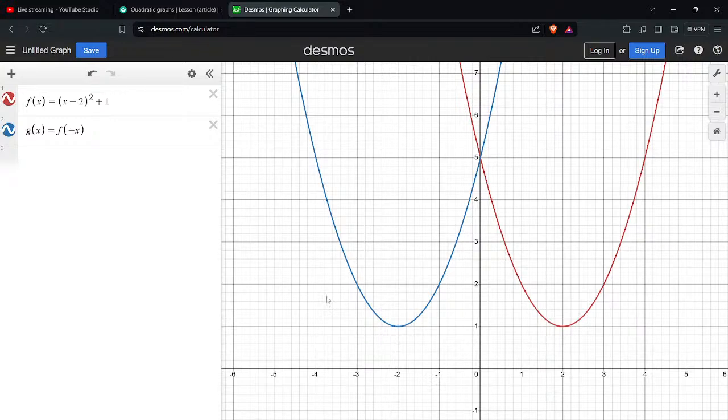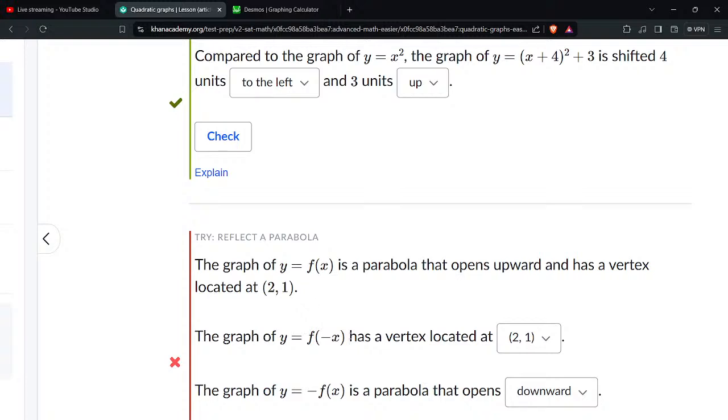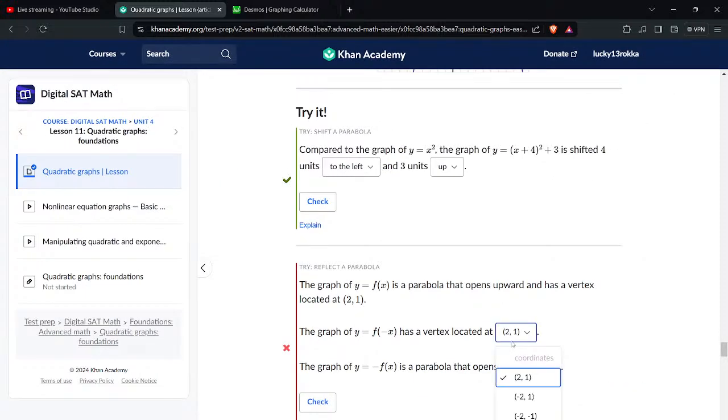It's shown upwards. Wait, f with the inside of minus x, so it's reflected by the y-axis, right? If it were the x-axis, it would be downwards. So if we go to the left, we'll have, okay, it's the quadrants right there. Oh my God. Okay, nice.